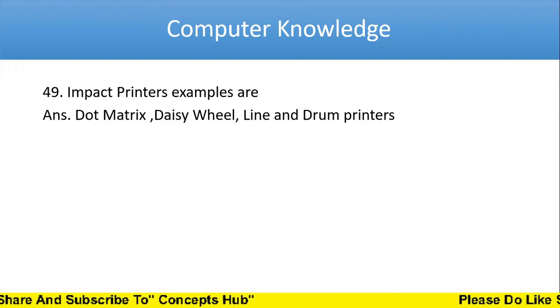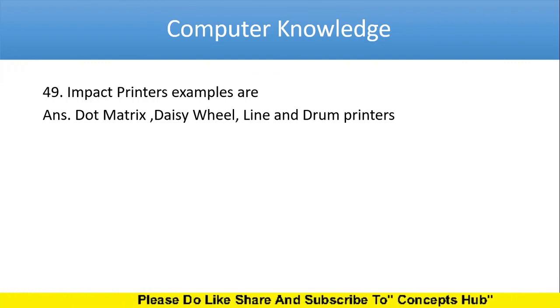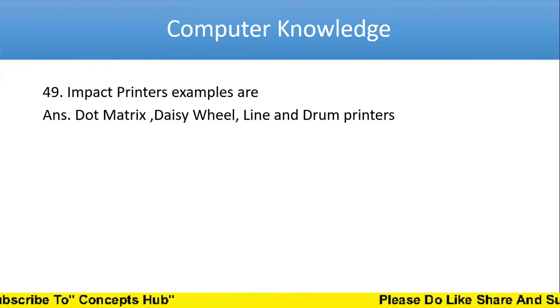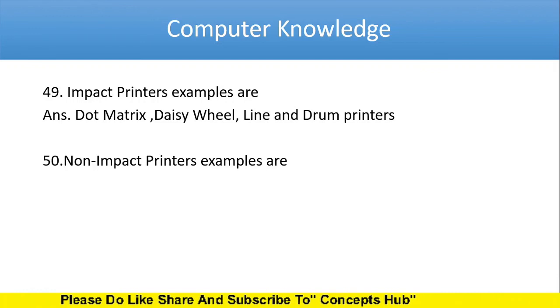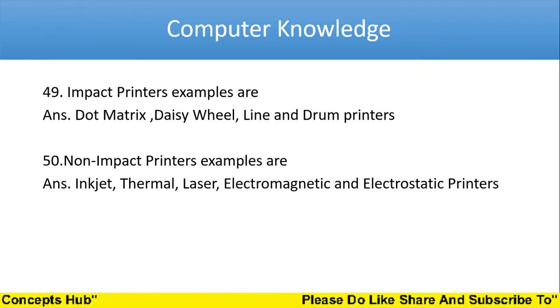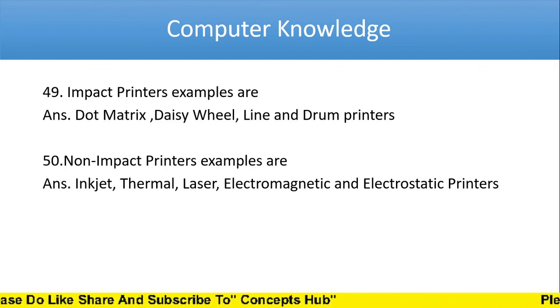See, they'll give you 3 or 4 options, okay, and they'll give you one more option which is different from this, and they may ask you which are impact printers. Okay, next, non-impact printer examples. Those are inkjet printer, thermal printer, laser printer, electromagnetic printer, electrostatic printers.